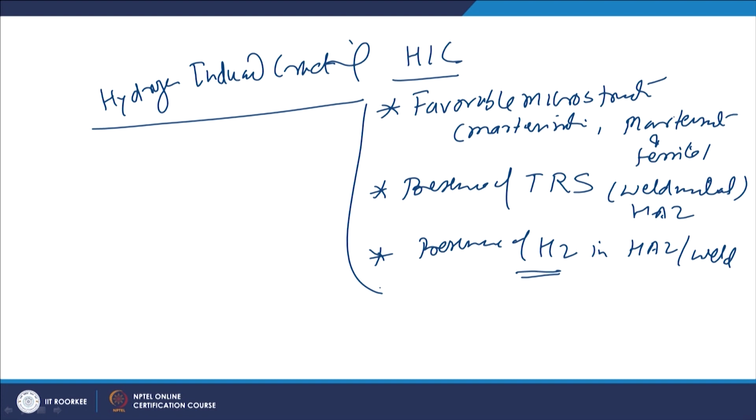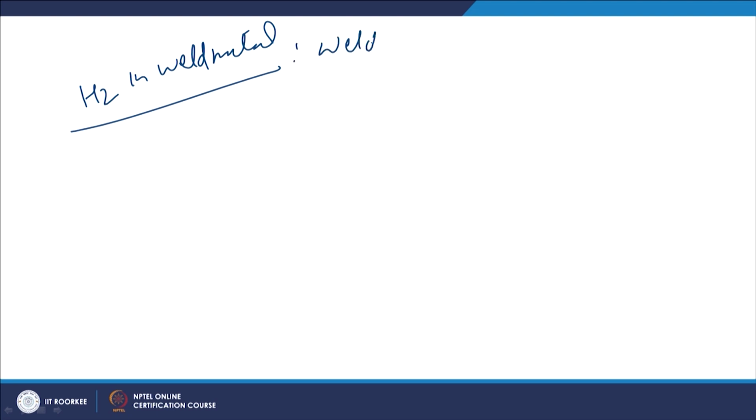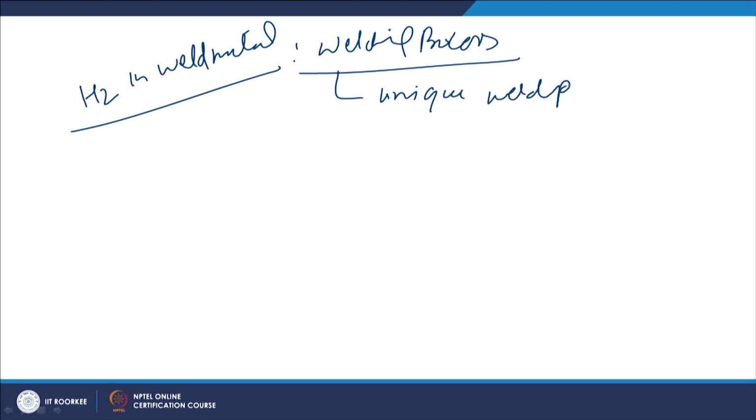So, where will the hydrogen in the weld metal come from? We know that different fusion welding processes are there. Each welding process offers a unique weld protection level, or the degree of protection is different for each process.